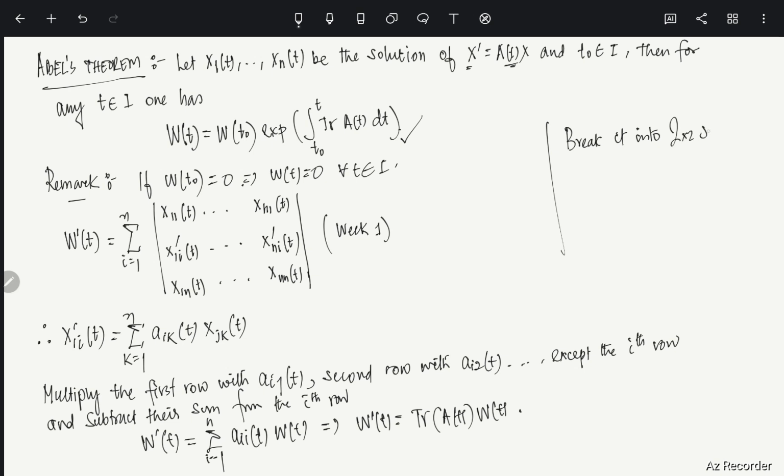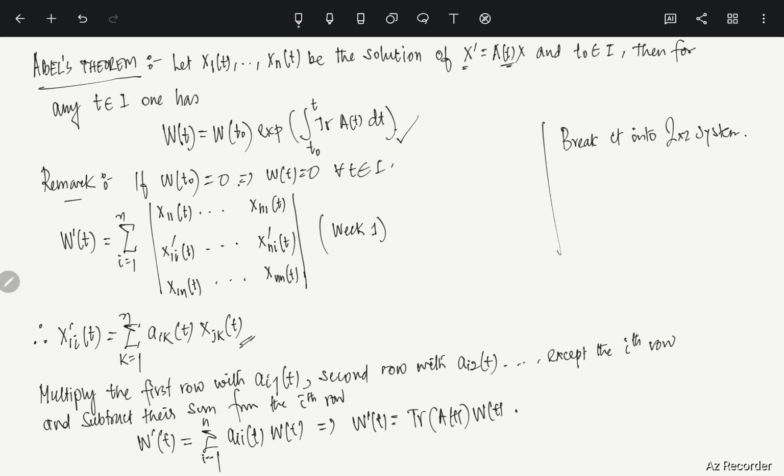Then of course you can use induction, but by doing a 2x2 system you can just figure out why these indices work, and it will be much clearer. So please check this part: do this exact same theorem for a 2x2 system. If you want, explicitly write everything down and it will be very clear to you. With this, we are going to end this video.